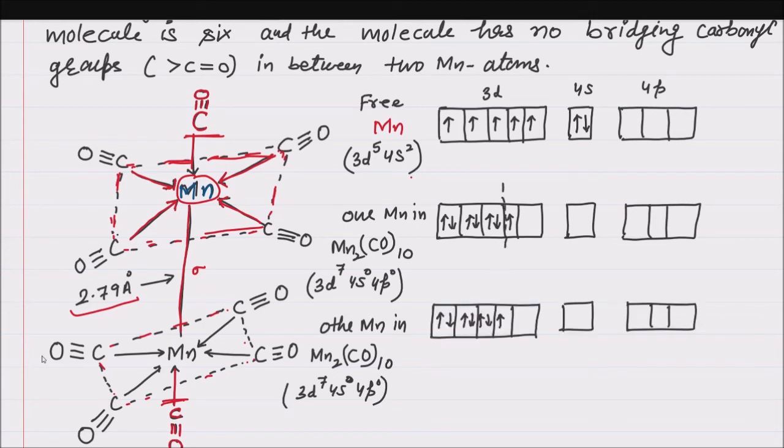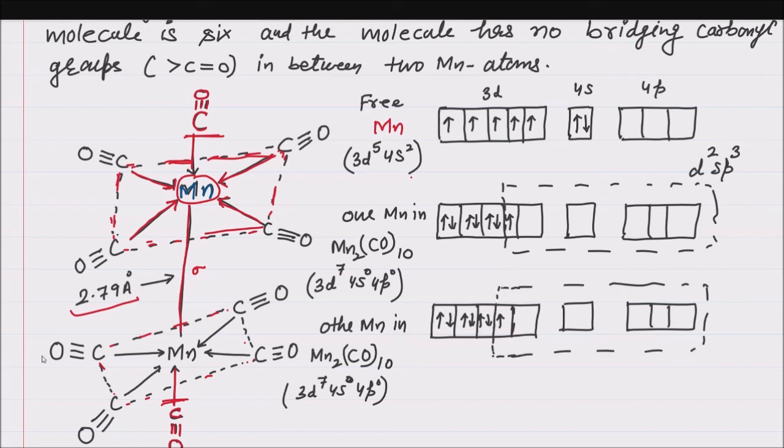They undergo d2sp3 hybridization. Each manganese undergoes d2sp3 hybridization. Now, first of all, the manganese-manganese bond results from the overlap of the singly filled d2sp3 hybrid orbital on one manganese with the d2sp3 hybrid orbital on the other manganese. So that sigma bond is formed.